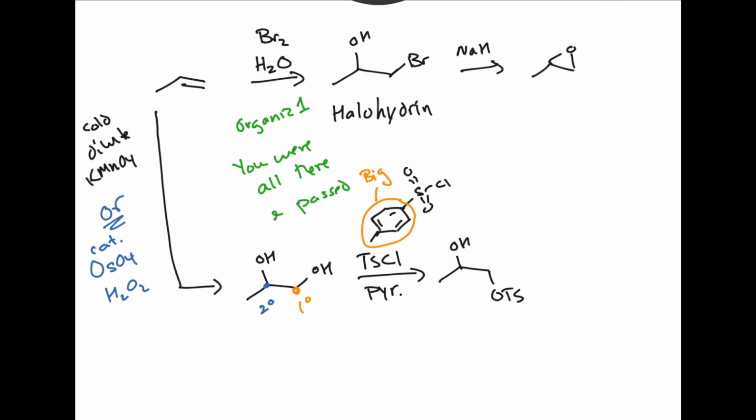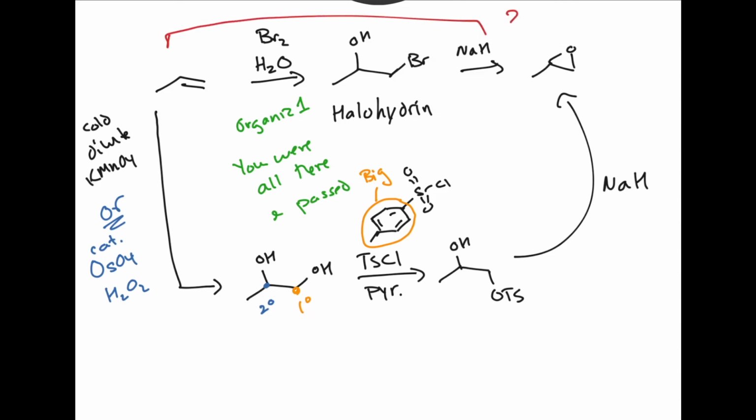Now I've got alcohol with leaving group. I can add my sodium hydride. I can get an epoxide. Now there's some advantages and disadvantages to these two processes. First, this first one here takes 2 steps, right?